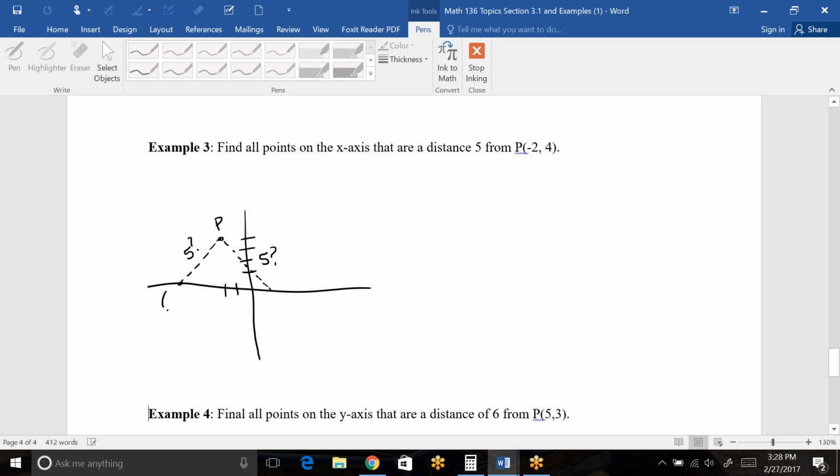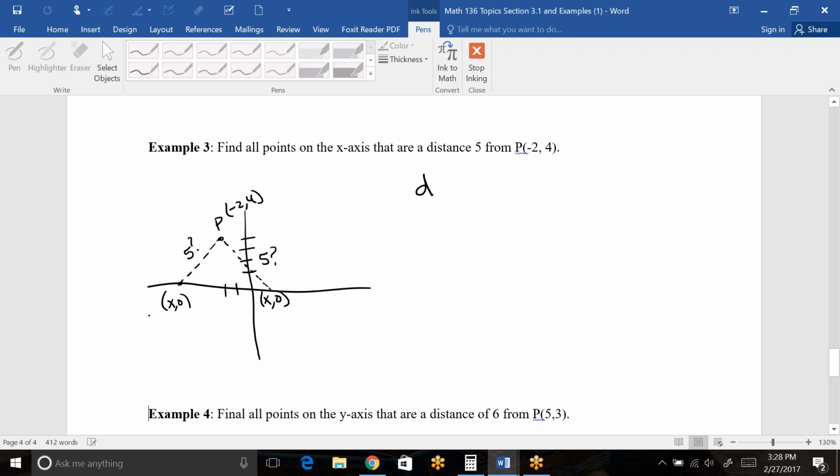So what I'm looking for is what we call a generic point. It's an x, 0. It's an x-intercept. So what we know is that we have a point that's set. It's -2, 4. We have an arbitrary point, which is an x-intercept. I'm not really sure what the x value is. In fact, there's probably 2 possible x values. And I know that the distance between those 2 points has to be 5.